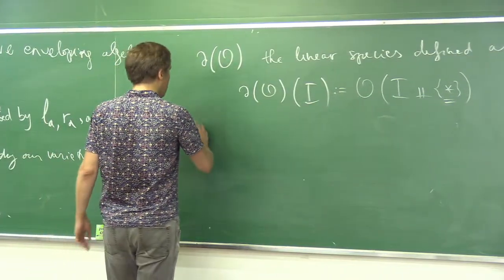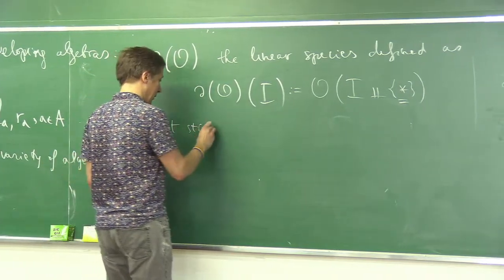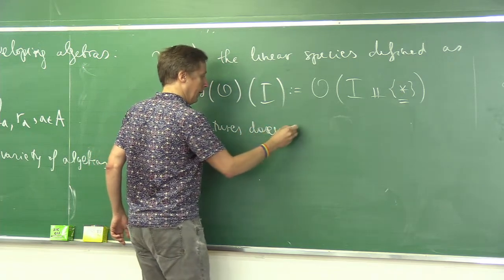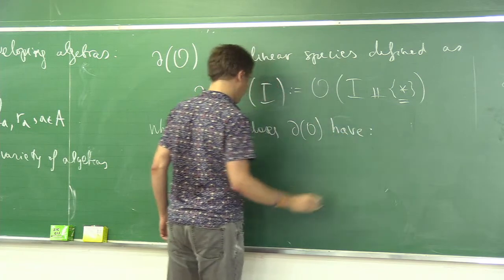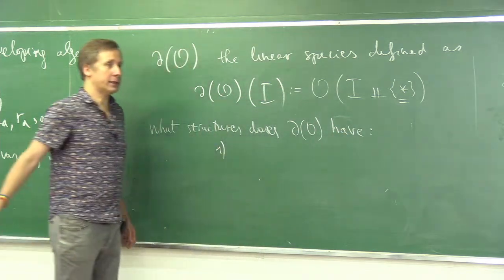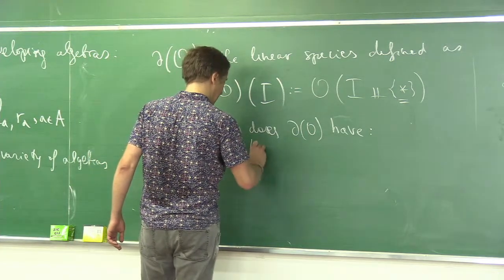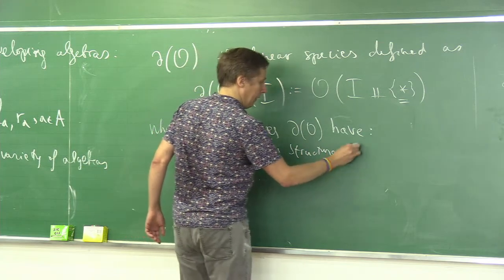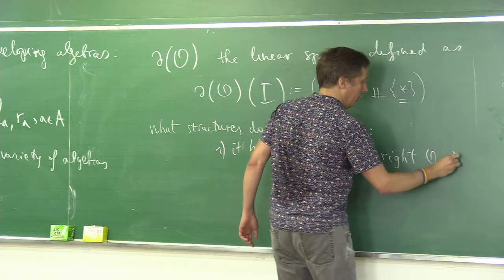Now, what structures does D of O have? First, it has a structure of a right O module.